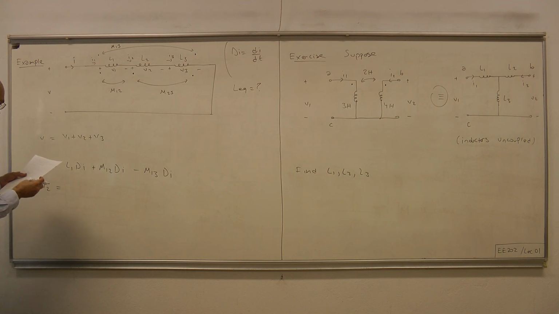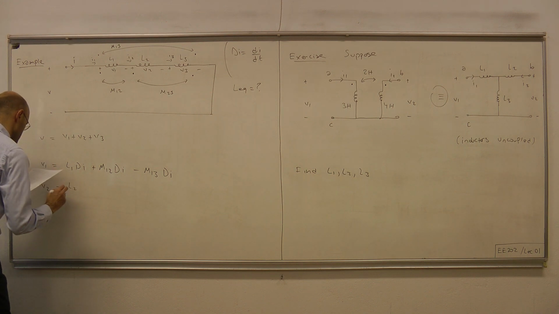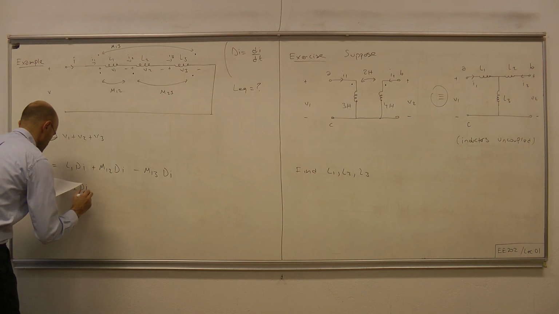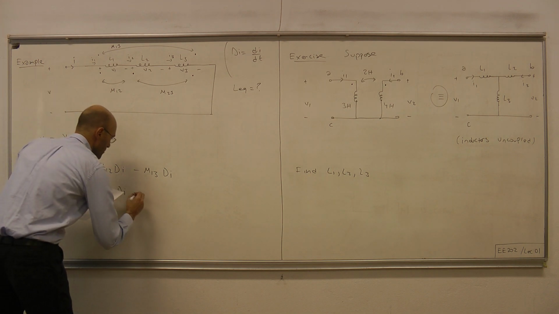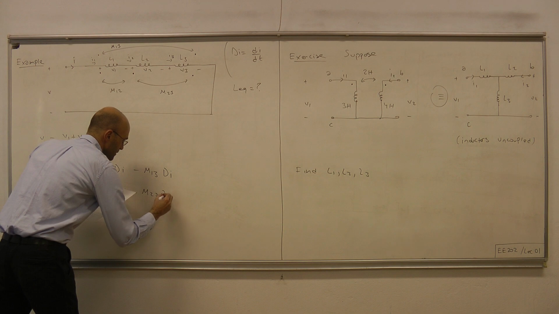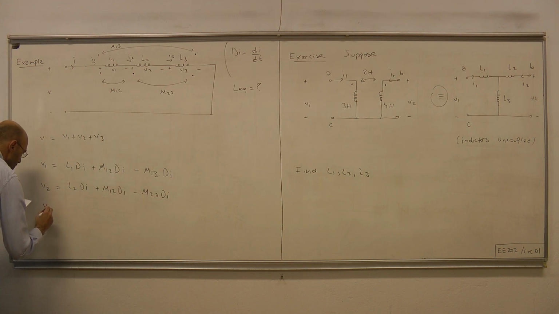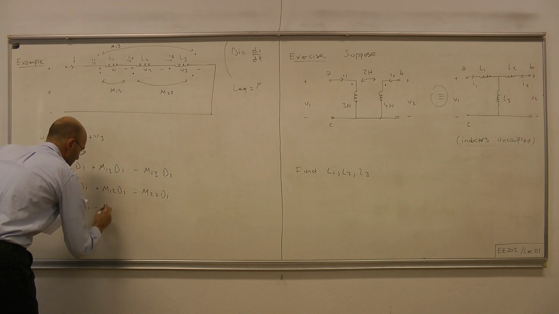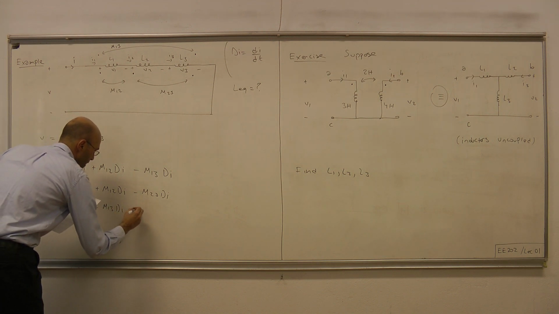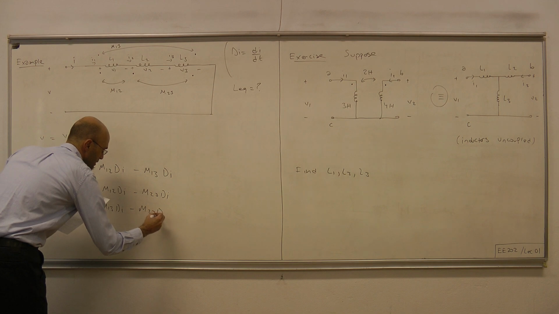Now similarly, we can write down expressions for V2 and V3. So let me write it down. V2 is L2 di plus N12 di minus N23 di, and V3 is L3 di minus N13 di minus N23 di.